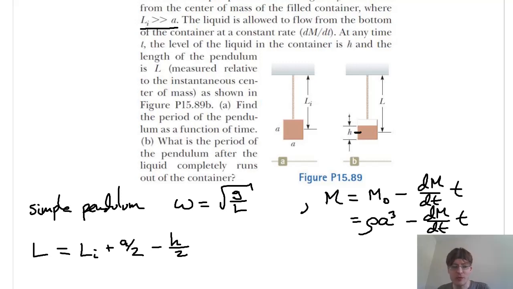So that leaves me with figuring out how h changes with time. It's easy to find because I can just figure out how the volume of the liquid changes with time. So I need h. H is a function of time. H is the volume of liquid in there divided by a squared.